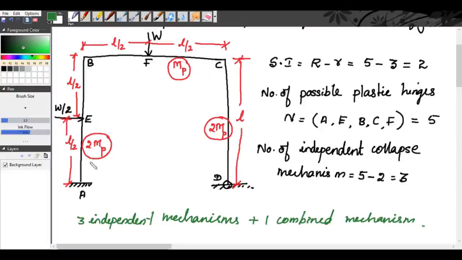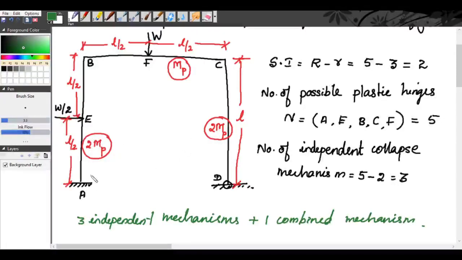When we take AB, it will be subjected to column mechanism, which is very much similar to beam mechanism. For CD, there is no mechanism.